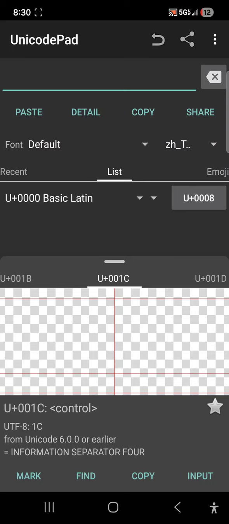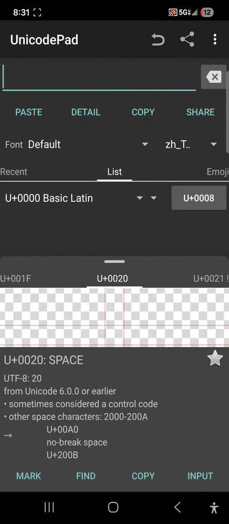Okay, this is the fourth information separator. I don't know why there isn't a first information separator, but okay, I guess. This is the first information separator. Second information separator. First information separator.